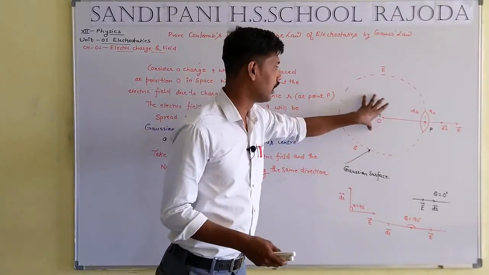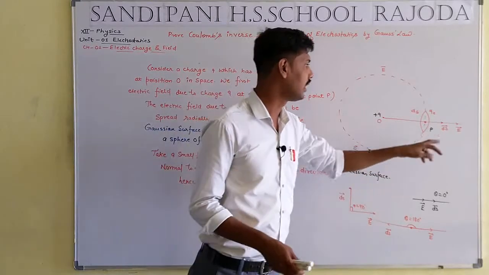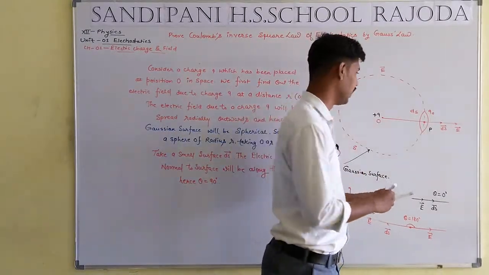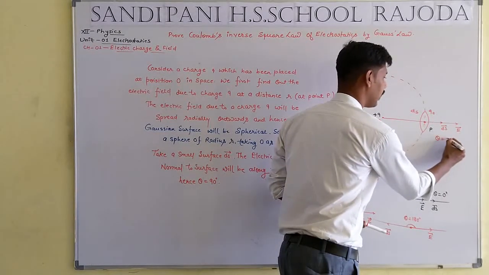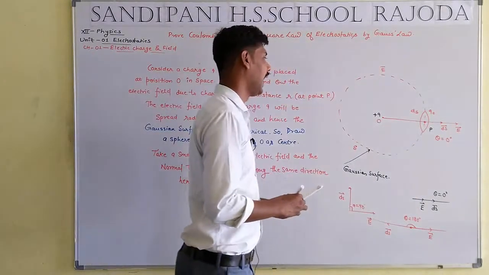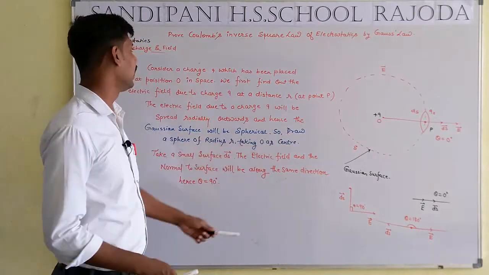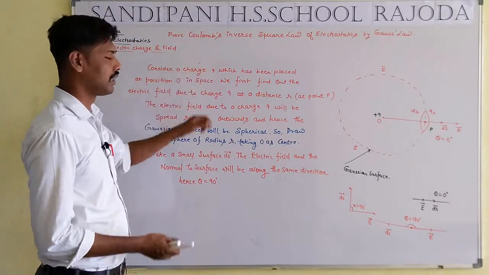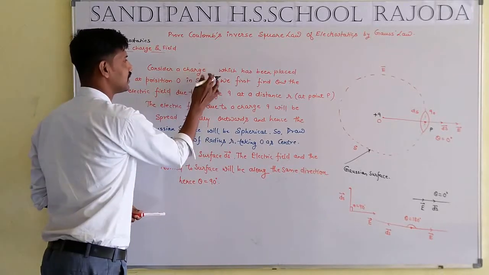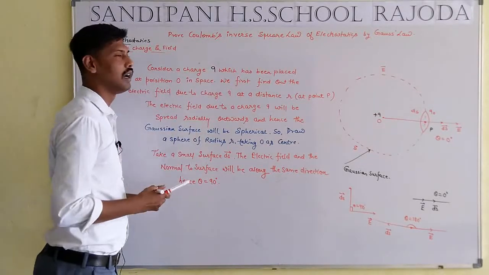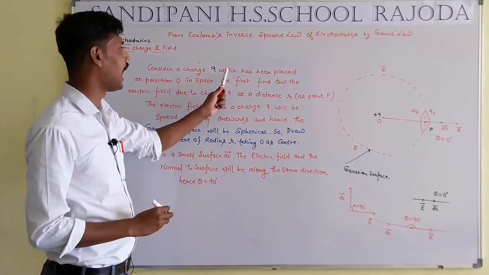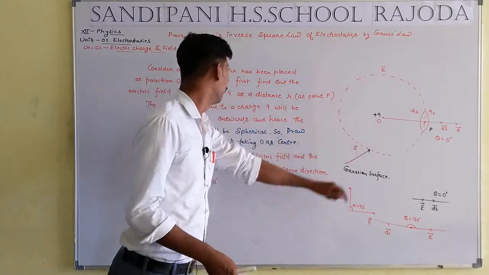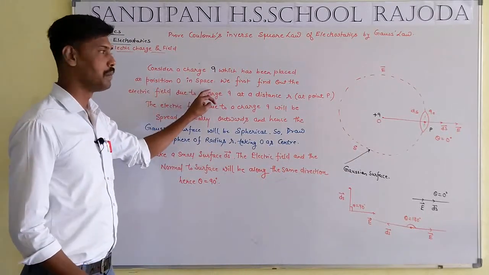Now again, according to my diagram, the direction of E and the direction of ds are the same, so here theta will be equal to 0 degrees. Okay, the required explanation of the diagram is here. I repeat, consider a charge plus q which has been placed at a point O in space.